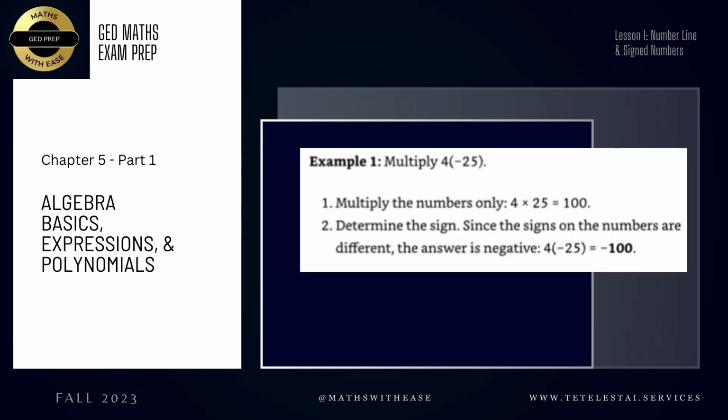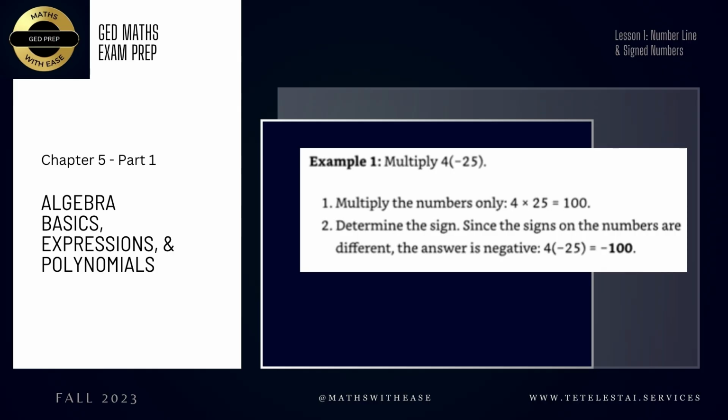So again, the negative sign is king when you're dealing with two unlike numbers, okay? So you're dealing with a negative number and a positive number, the negative sign is going to be king. If this was -4 times -25, the answer would be positive 100 because you would just drop the two negative signs, okay? So there are lots of different considerations to be made when you're adding, subtracting, dividing, and multiplying.